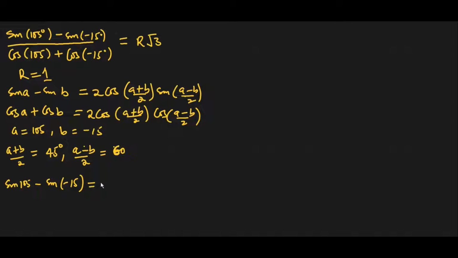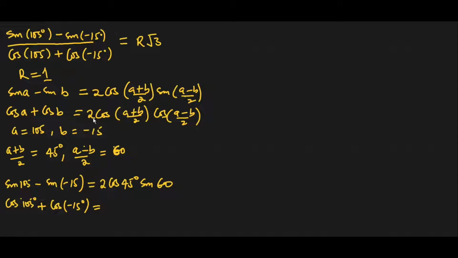This gives us 2 cosine of this expression, which is 45 degrees, sine of that, which is this, so this is equal to sine of 60. And again, you can also recall this lower part, in this form, cosine of 105 degrees plus cosine of minus 15, though cosine of a negative angle is the same as a positive angle, but we will not ignore that.